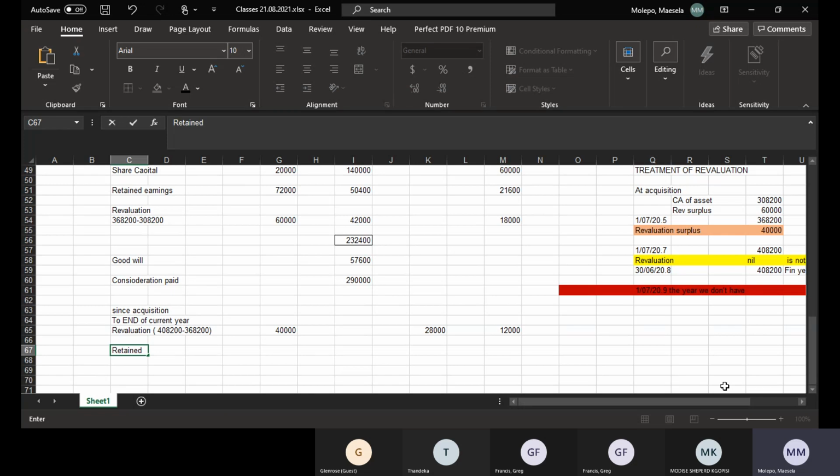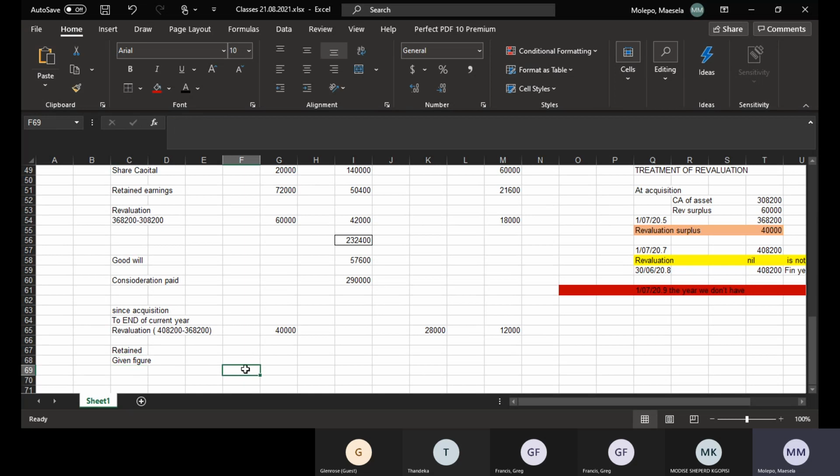So the balance as given on the retained earnings, we're given the balance of 137,600. So we're going to put the 137,600 here as our calculation.